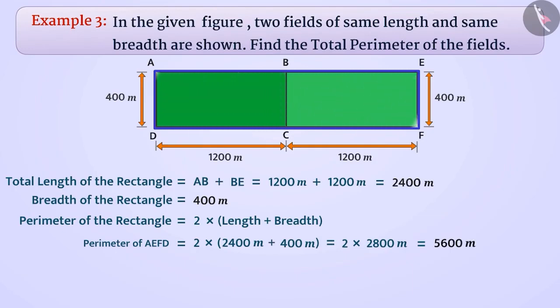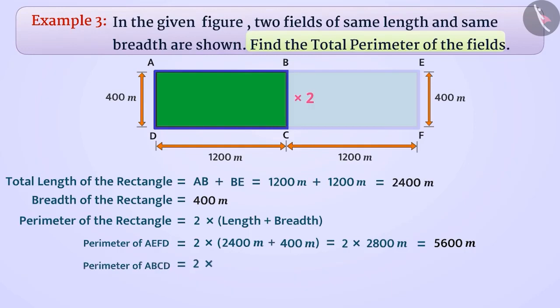Just think, here, both the fields have the same shape. If we find the perimeter of one field and then double it, then will we be able to find the total perimeter of both the fields? Let's try it out. Here, the perimeter of the rectangle ABCD will be 2 into 1200 meter plus 400 meter, which is equal to 2 into 1600 meter, which is equal to 3200 meter.